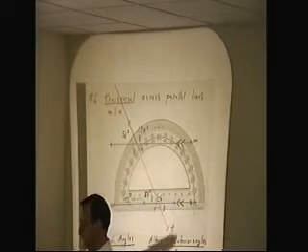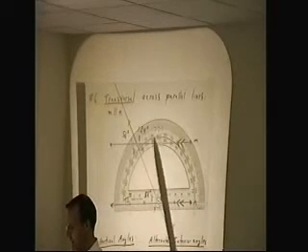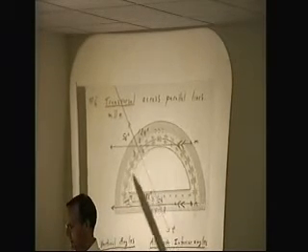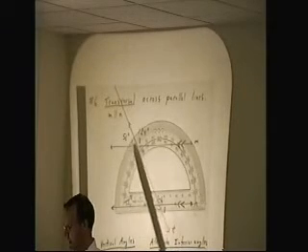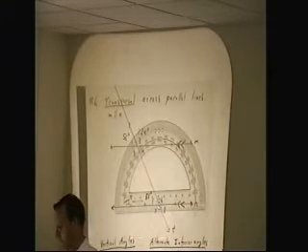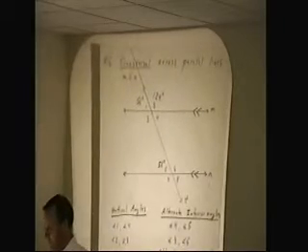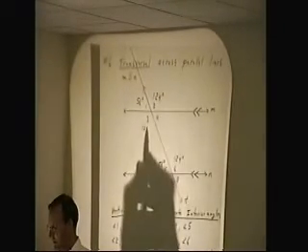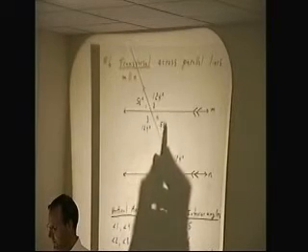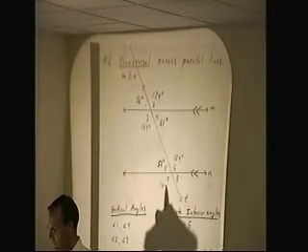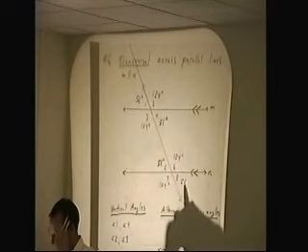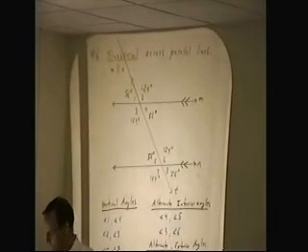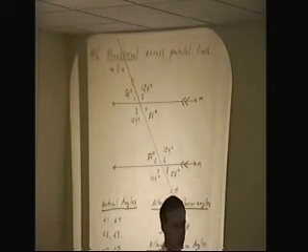This one is getting measured from here, so it's in the bottom one. That's 124. And this one is getting measured this way. That makes it 56. So both of these are 124. And we already know that vertical angles are equal. That's 124, and that one's 56. That one is 124, and that one, of course, is 56. For yours, it's different.